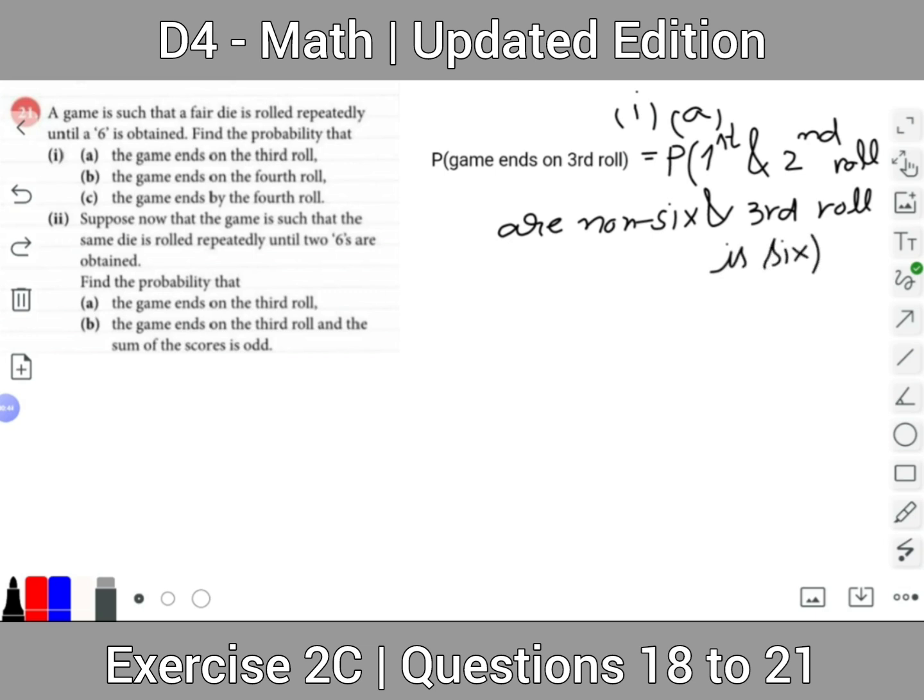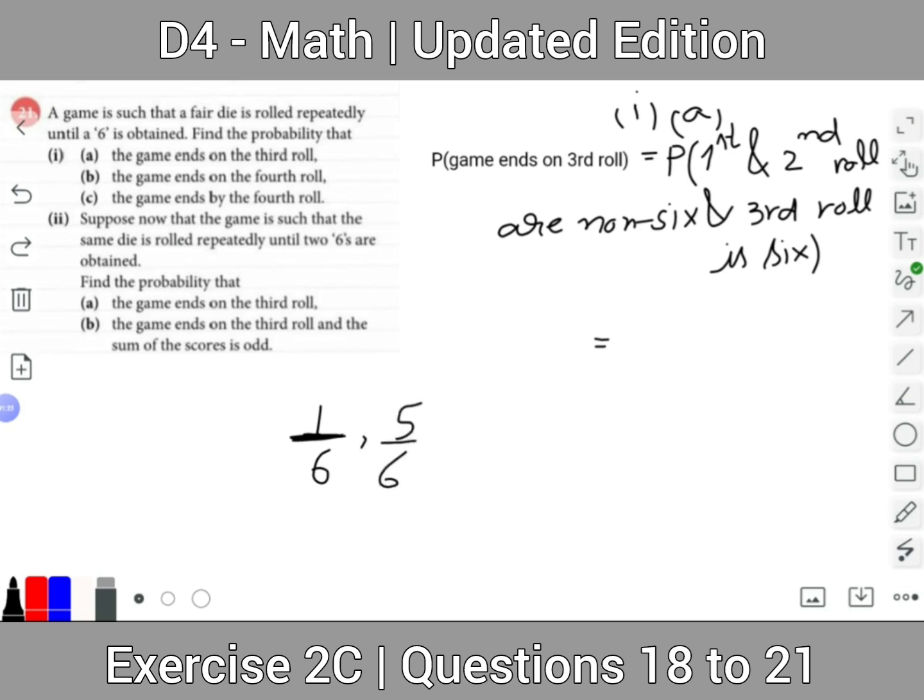So since a fair die has a total 6 faces, the total number of outcomes will be 6, and the favorable outcomes for the non-6 will be 5. And the probability for the 6 to appear on the die face will be 1/6, and so the probability for the non-6 will be 5/6.